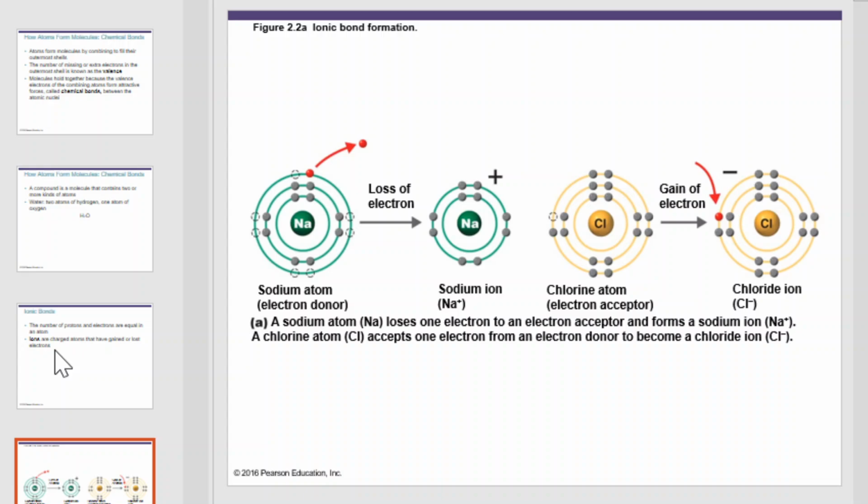However, as a result of gaining the extra electron, it now has a negative charge, as it has an electron that cannot be accounted for by the positive charge of the nucleus. The respective atoms with opposite charges are attracted to each other, and thus the ionic bond forms.